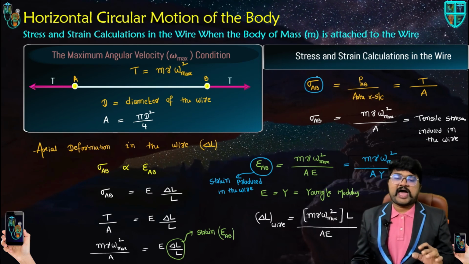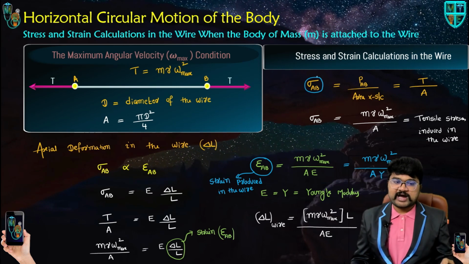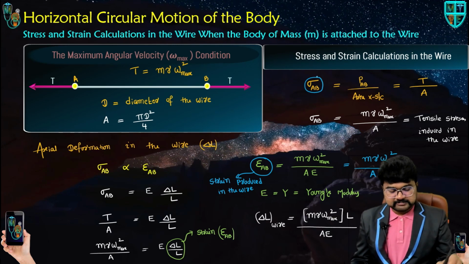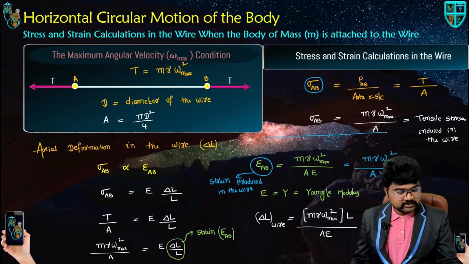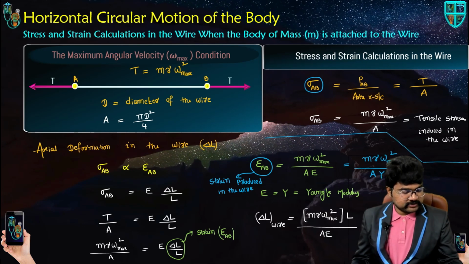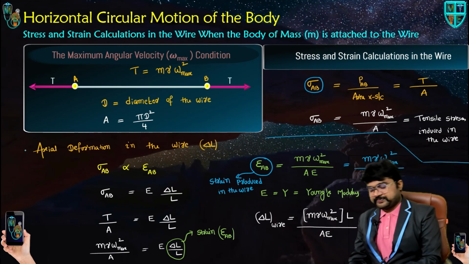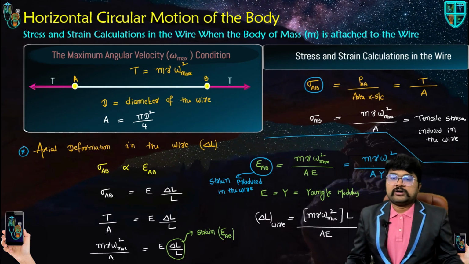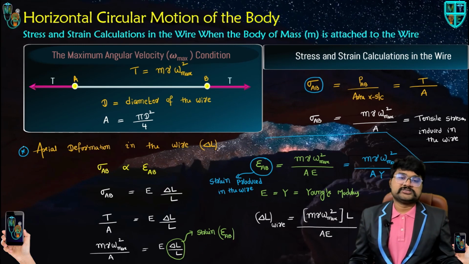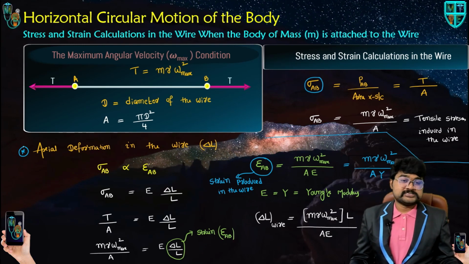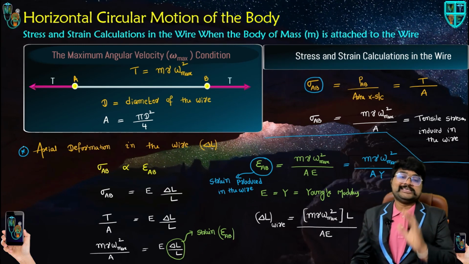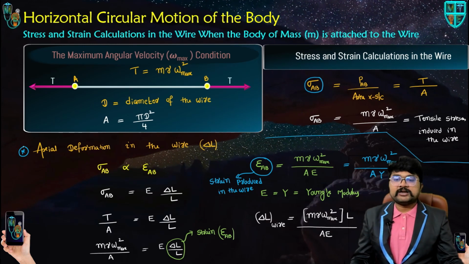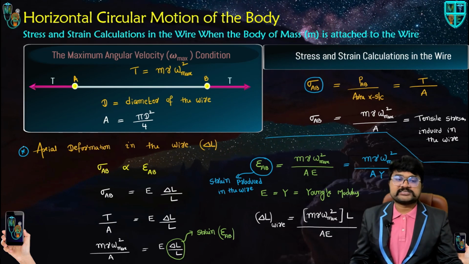Delta L is the axial deformation in the wire. These are the things people will ask in the exam. So this is the way to do stress strain calculations in the wire when the body of mass M is attached to the wire and the body is in horizontal circular motion at maximum angular velocity condition.